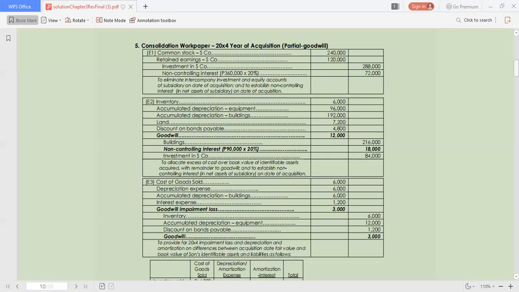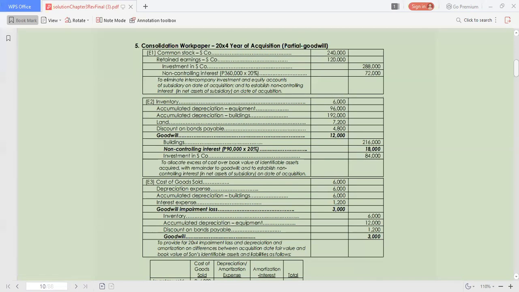Now, likewise, we have the adjustments to recognize the undervaluation or the overvaluation of the assets and liabilities of the subsidiary. We are now debiting inventory for 6,000, debiting accumulated depreciation of the equipment by 96,000 because of the undervaluation by 96,000, debit accumulated depreciation of buildings, debit land, debit discount on bonds payable, and debit goodwill for 12,000.